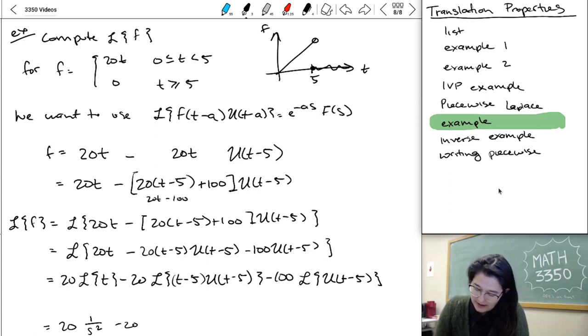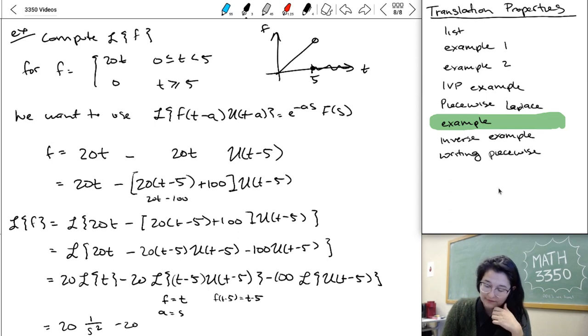So my f of t minus 5 is t minus 5, which means my f is just things that look like t, and my a is 5. So my big F is L of t, or just like we said for the previous term, 1 over s squared.